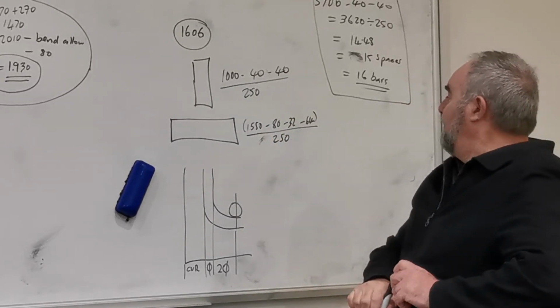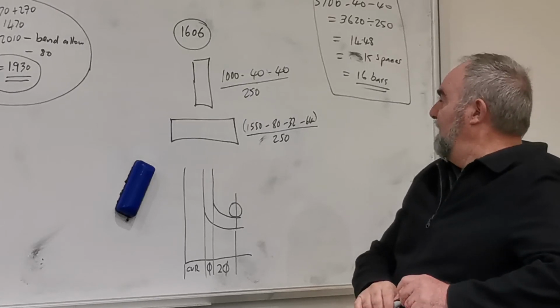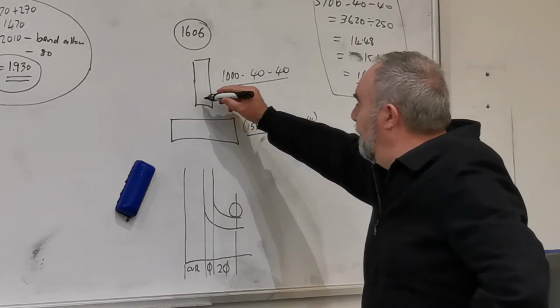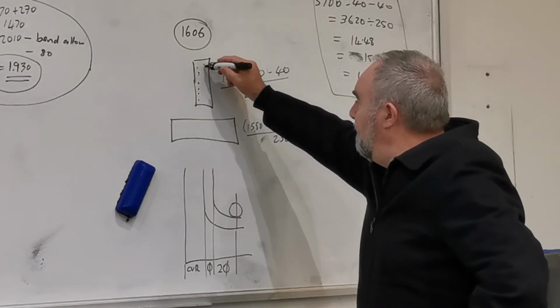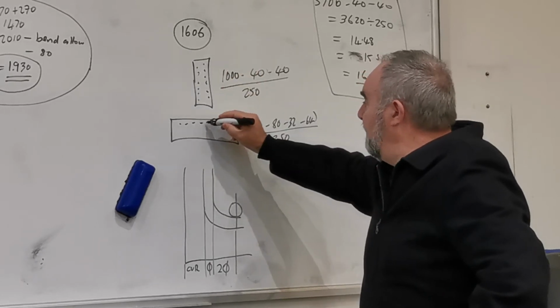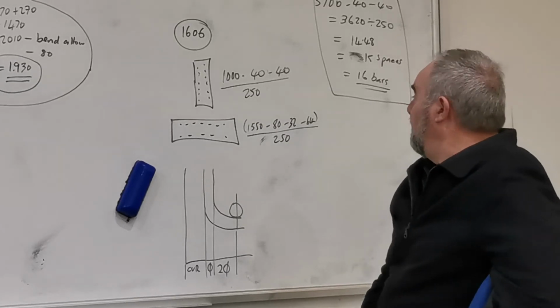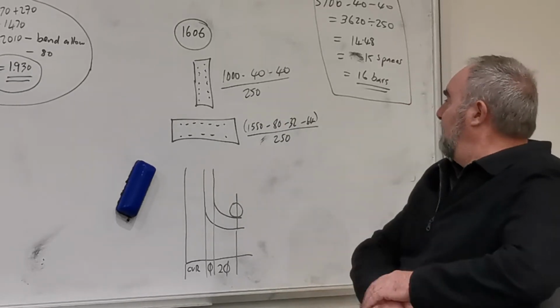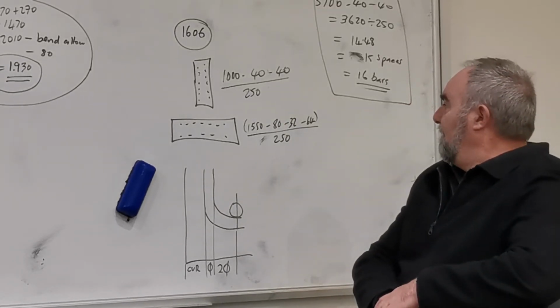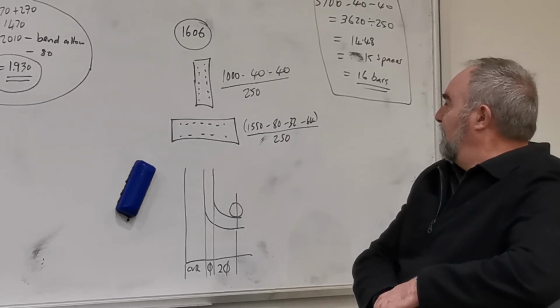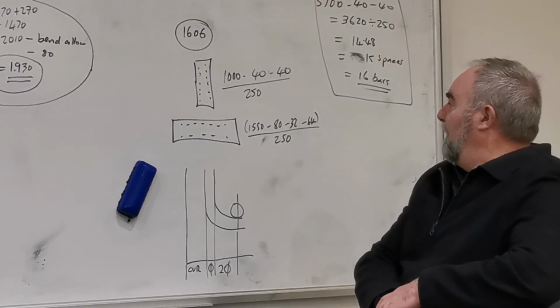So that's how we calculate the amount of bars, but we have to also be careful because we've got bars on both sides. So whatever answer we get, we multiply it by 2. So can someone do that up the top? 1000 is 920 divided by 250.